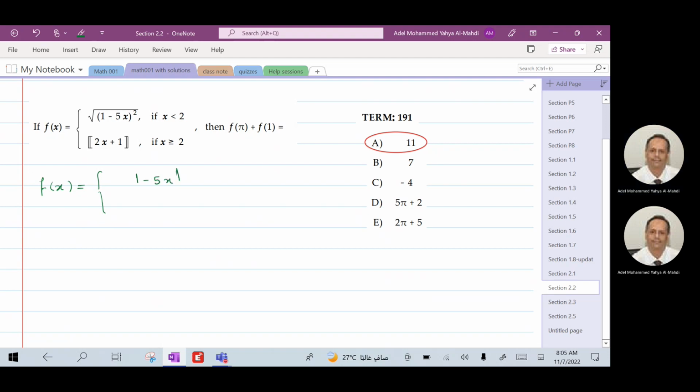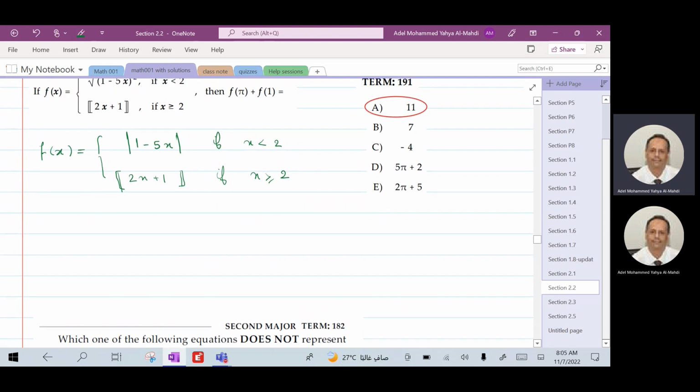You know that if you have any quantity to the power 2 inside a square root, this will give you the absolute value of that quantity. The other one is the greatest integer of 2x plus 1. This one if x is less than 2, and this one if x is bigger than or equal to 2.